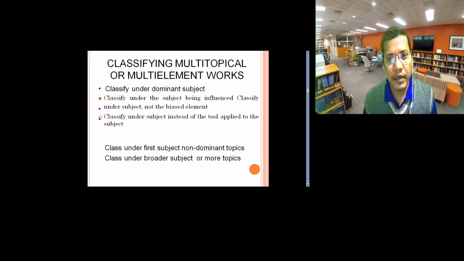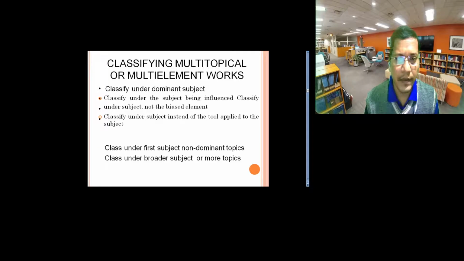Classifying multifocal or multi-element work. Sometimes the document is a multi-topical or multi-element work. In that case, you should classify under the dominant subject. Classify under the subject being influenced.